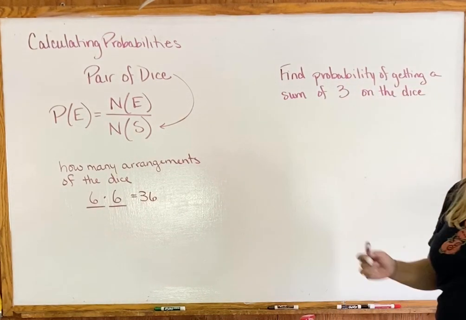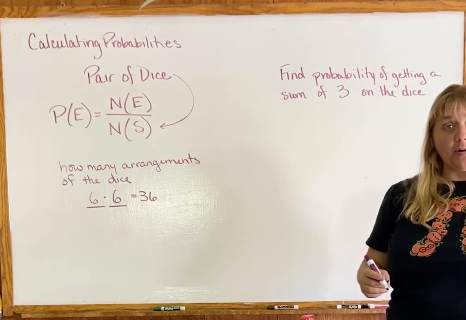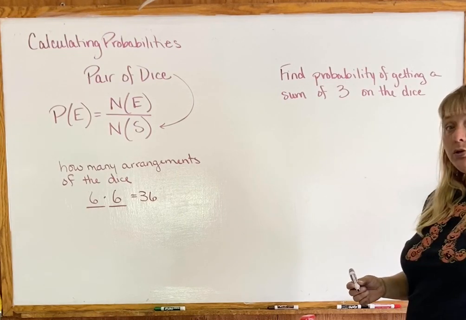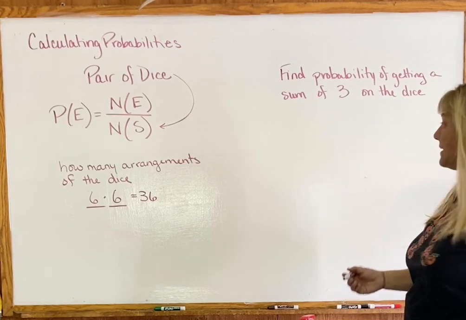Whatever game you're playing, Monopoly, whatever it is, you want to get 3. So you're rolling a pair of dice and you want to get 3. What we need to do is figure out what the different ways are that you could get 3 on the dice.